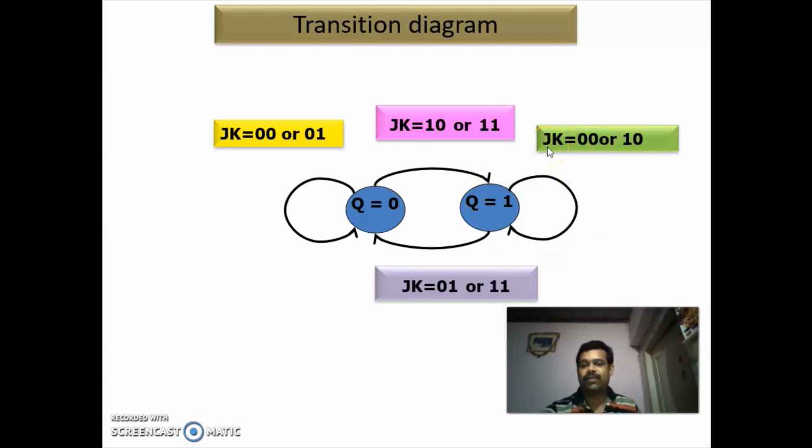When J is 1 and K is 0 and the present state is 1, the next state is also 1. Next, if J is 0, K is 1 and the present state is 1, it goes to the state Q equal to 0. When J is 1 and K is 1 and Q is 1, it goes to Q equal to 0. So this is the transition diagram.